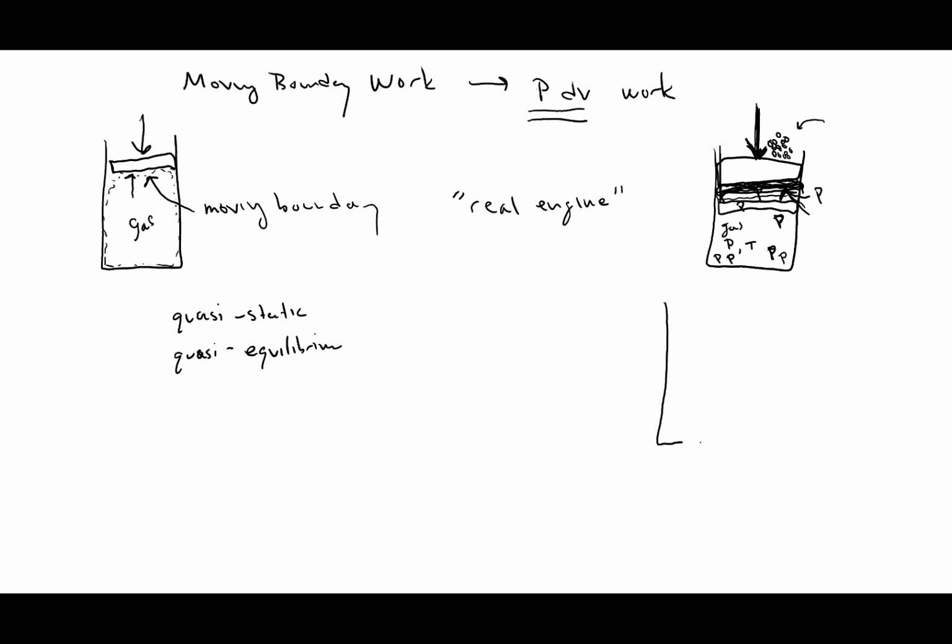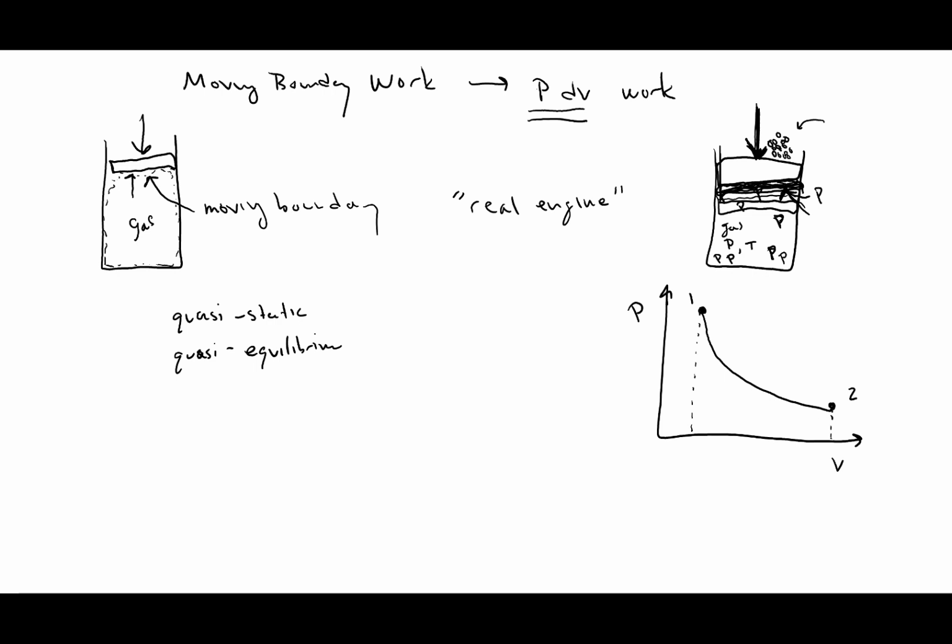So what that means is, let's just draw a process diagram. I'm going to draw the process for pressure volume. Let's say we're compressing the gas from state 1 to state 2. So this might move along this process path like this. So what we're doing is we're changing the volume from state 1 to state 2.